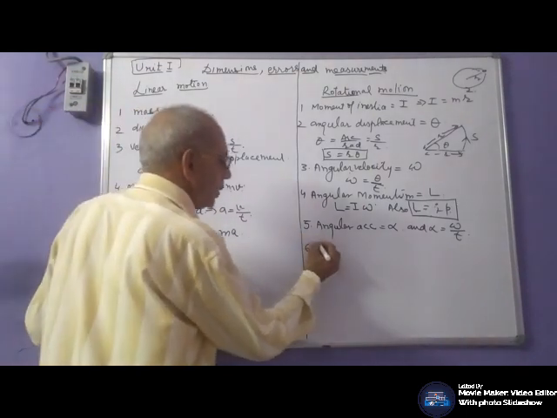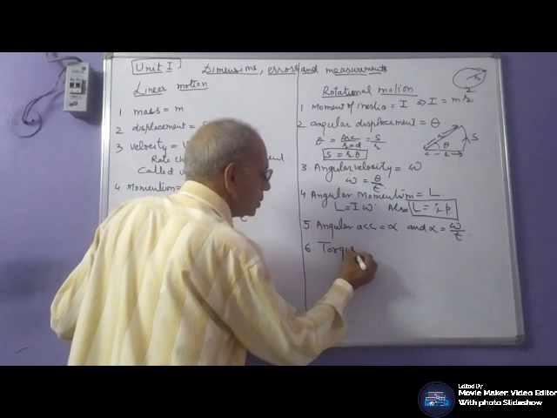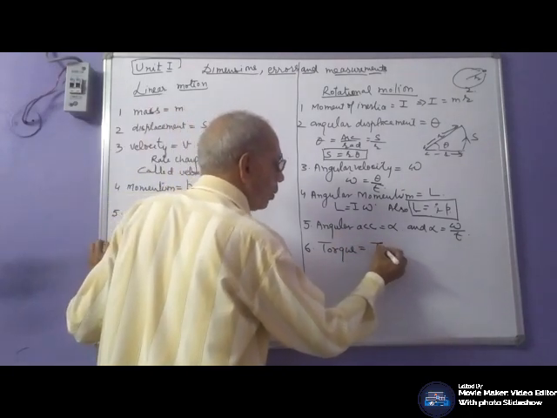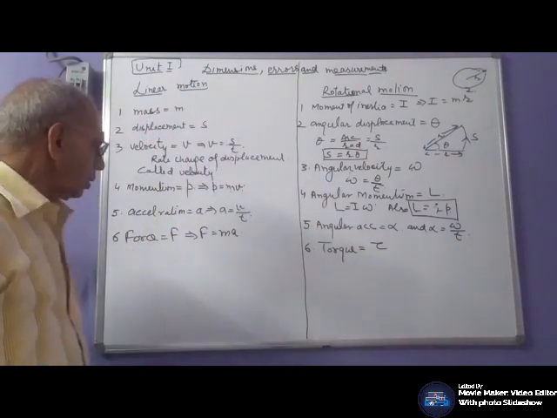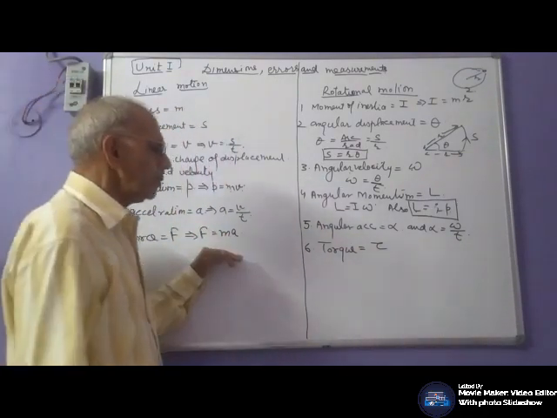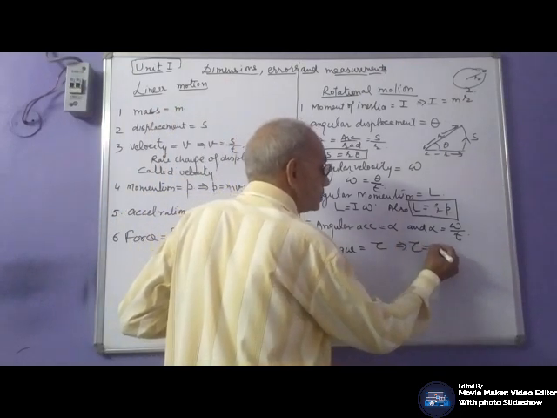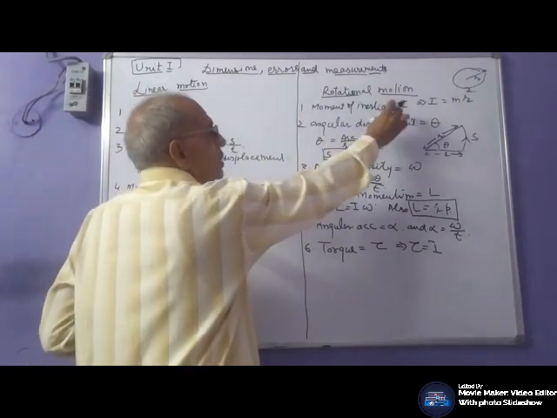Angular force, but with a new name: torque. Tau, symbol, physical quantity, torque, tau. F is ma; torque is, instead of mass, what was it?